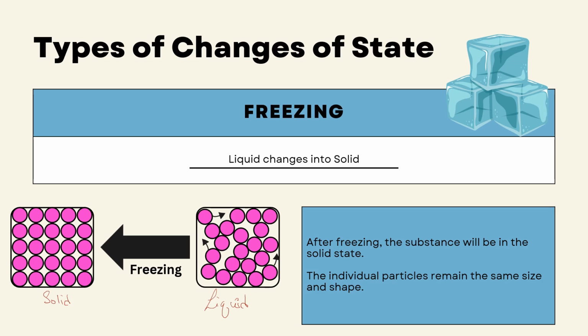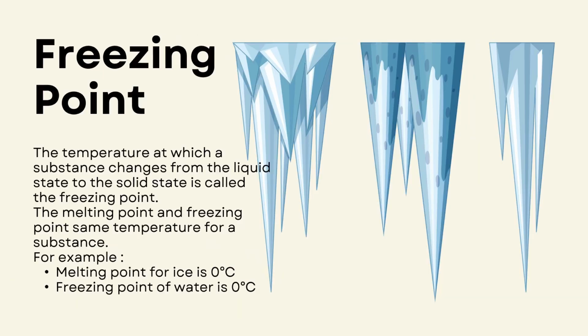After freezing, the substance will be in the solid state. The individual particles remain the same size and shape. Freezing point: the temperature at which a substance changes from the liquid state to the solid state is called the freezing point.